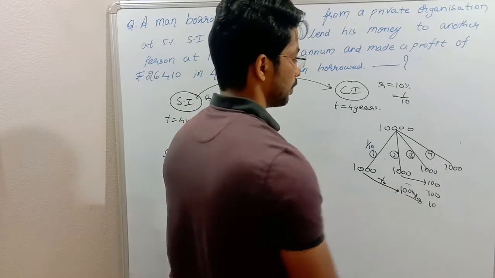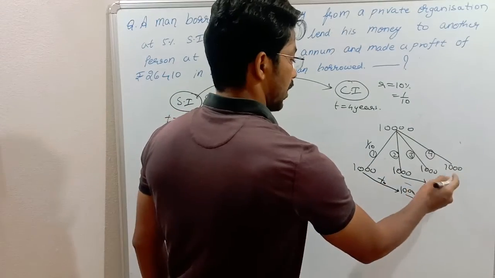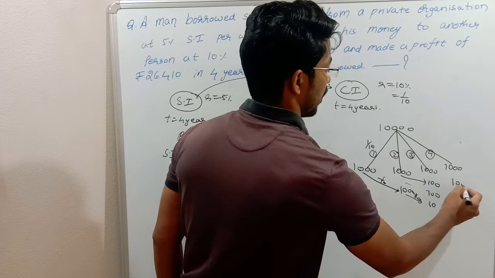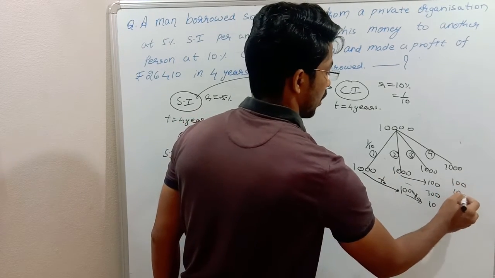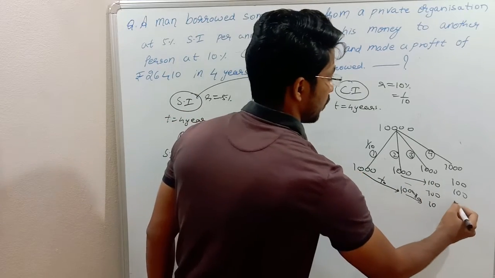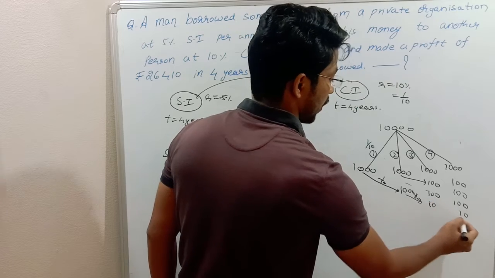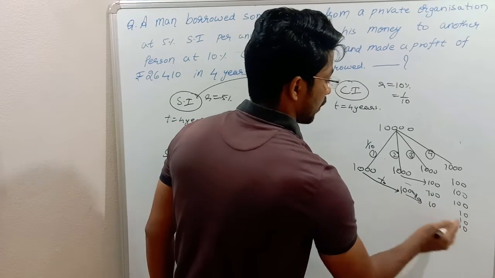Similarly for the fourth year, the same interest will be applied for the simple interest of the 3 years. Now this 10% of 1000 will be 100, 10% of 1000 will be 100, and 10% of 100 will be 10, 10% of 100 will be 10, 10% of 100 will be 10, and 10% of 10 will be 1.